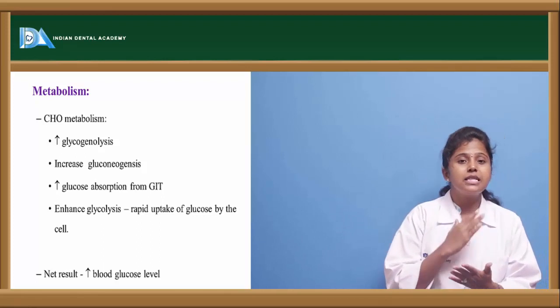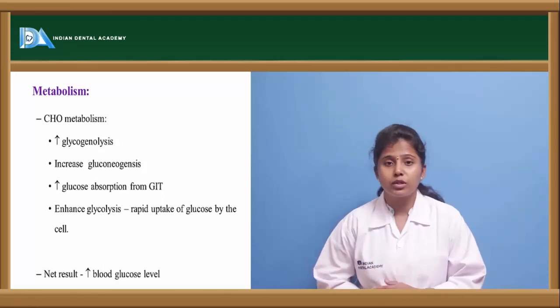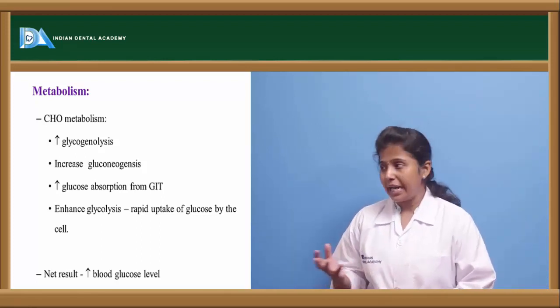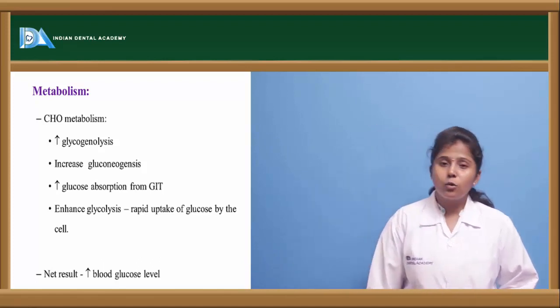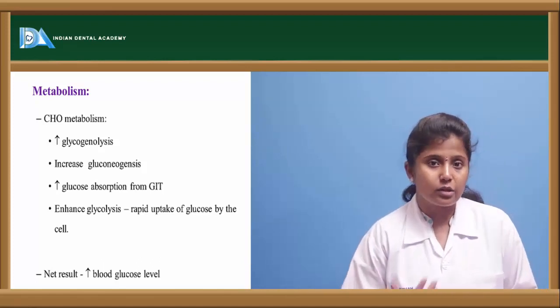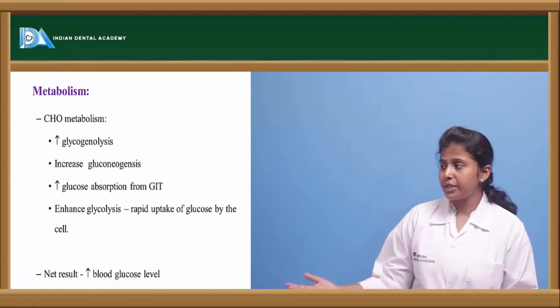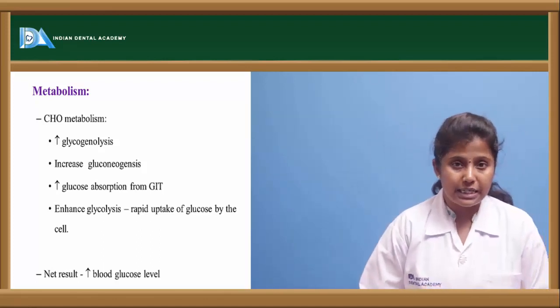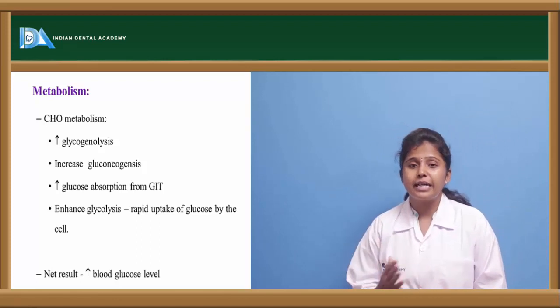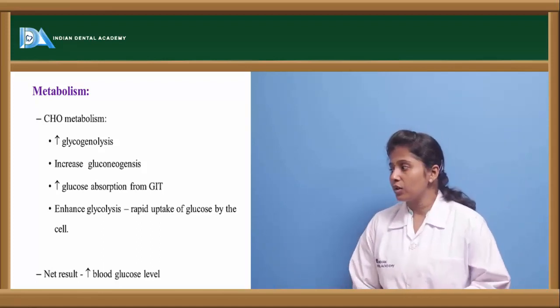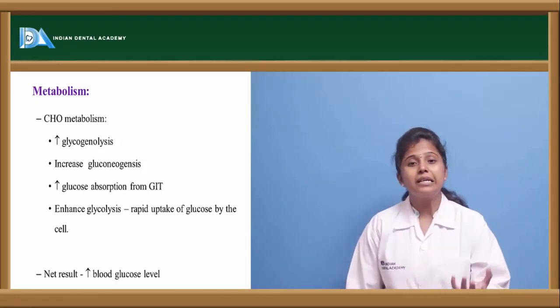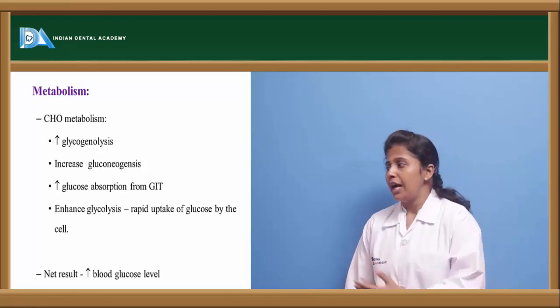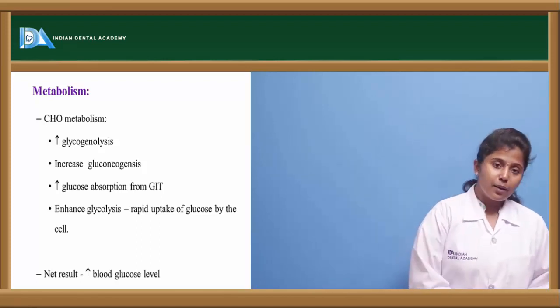Here the glycogen is broken down into glucose in order to provide energy, as well as it increases glucose absorption in the GIT. The absorption of glucose will be increased in the gastrointestinal tract, as well as it enhances glycolysis, so that there is better uptake of glucose, and the net result is increased blood glucose level.